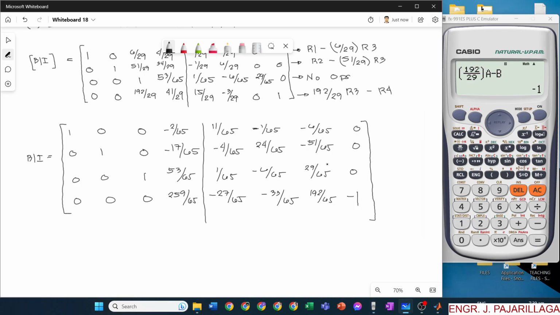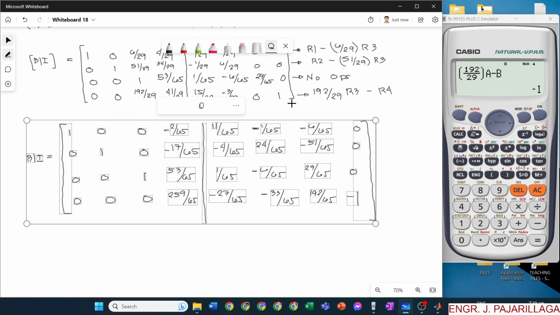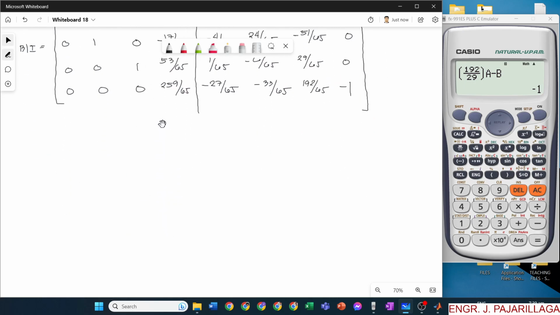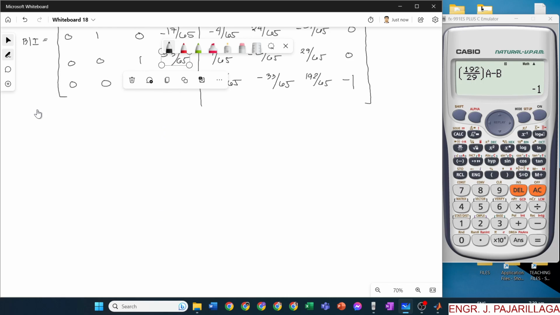Alright. So tapos na tayo sa ating first 3 columns. We can now proceed para i-modify yung ating fourth column. Okay? So ikakopy ko muna ulit ito. Copy muna natin. And then, so the next step, di ko na alam kung anong step tayo.